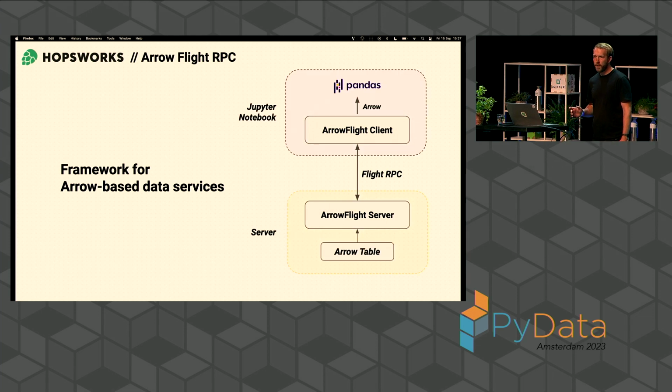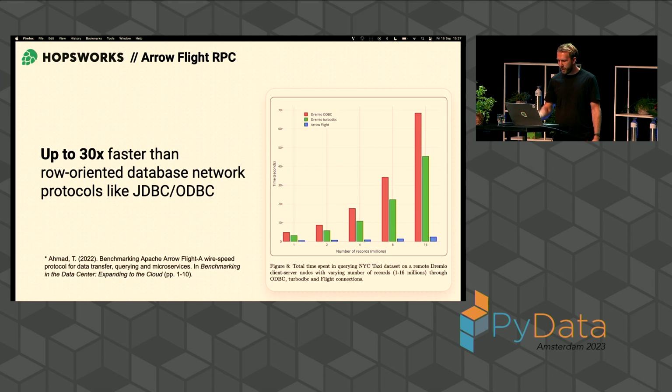For example, you have a backend service with some Arrow tables that can come from Parquet files or from wherever, and you can send them through the ArrowFlight RPC protocol to your client, which is very lightweight and lives in a Python process, for example in a Jupyter Notebook. The great thing about it is that it's much faster than other database network protocols like JDBC.